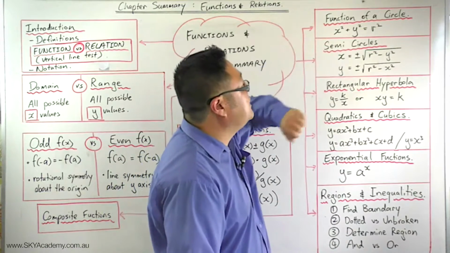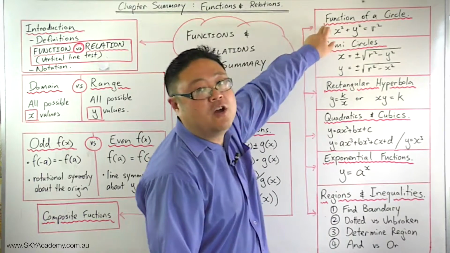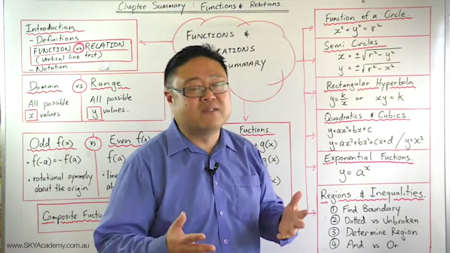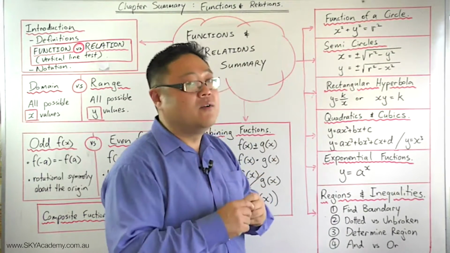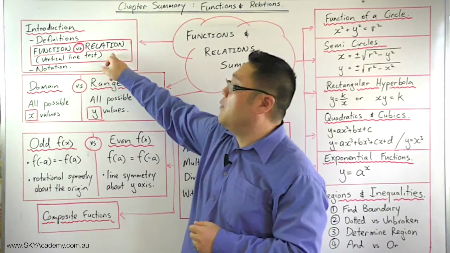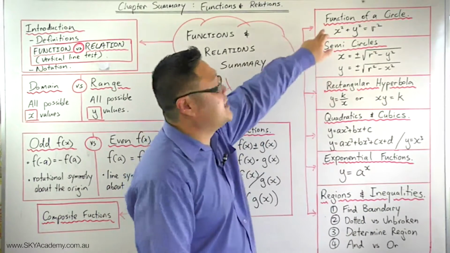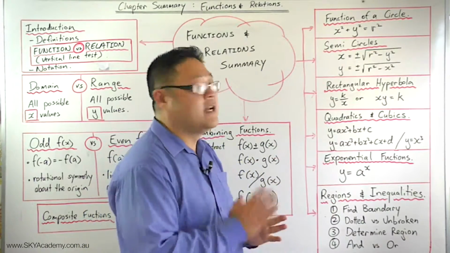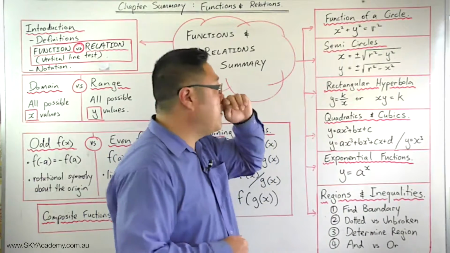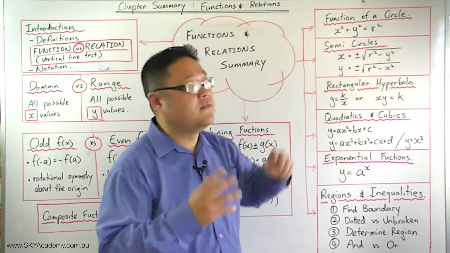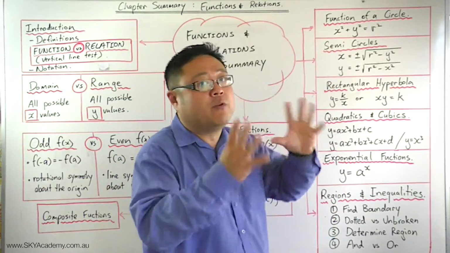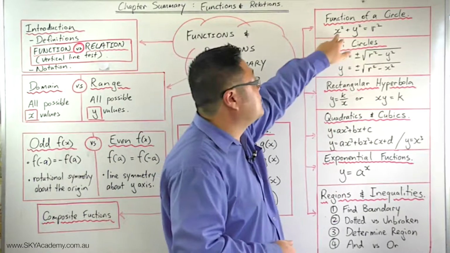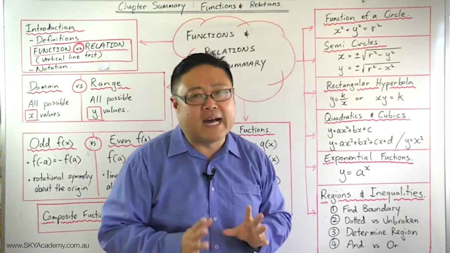Basically, what we did was we looked at the function of a circle. Now, if you are really clear about what I went through, you would realize that a circle actually is not a function. It's a relation, because it fails the vertical line test. However, I've just put it there as functions of a circle, and the basic form is x squared plus y squared equals r squared.